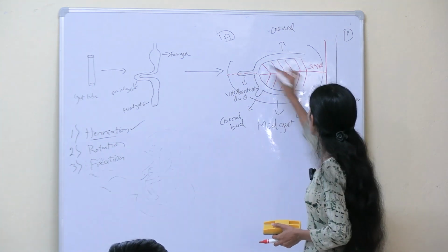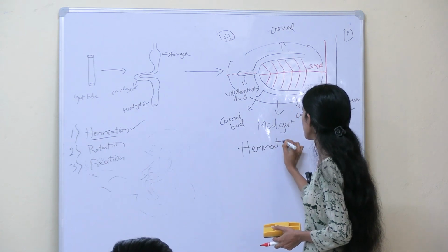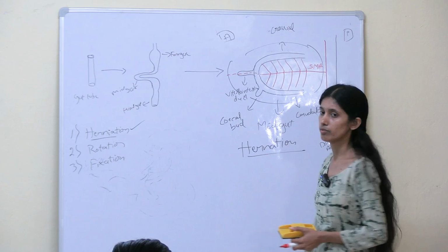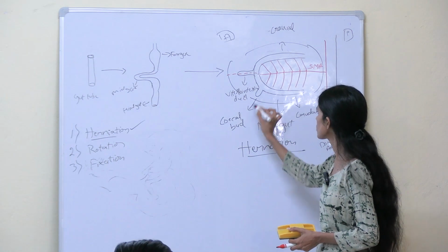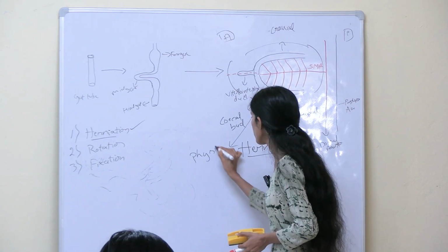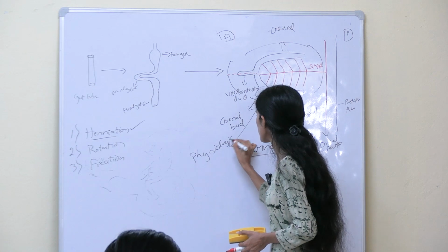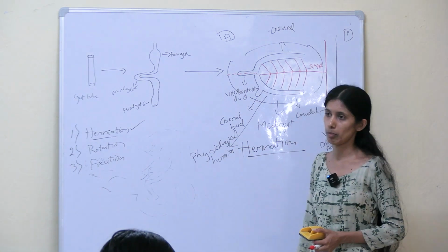So this part is called herniation of the midgut. This process is called the herniation of midgut, and this structure will be called a physiological hernia in the initial days of development.